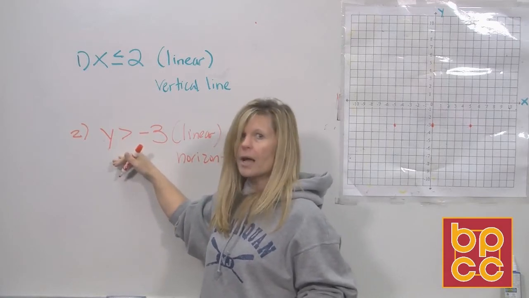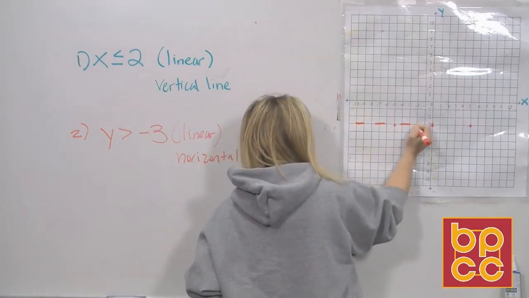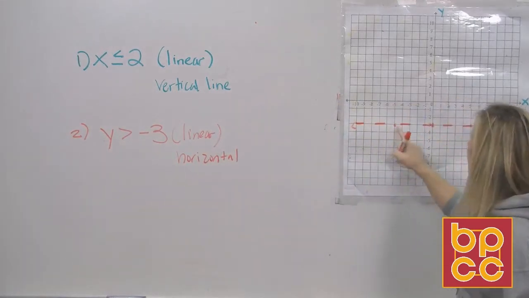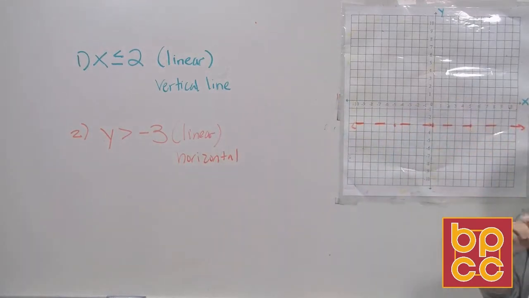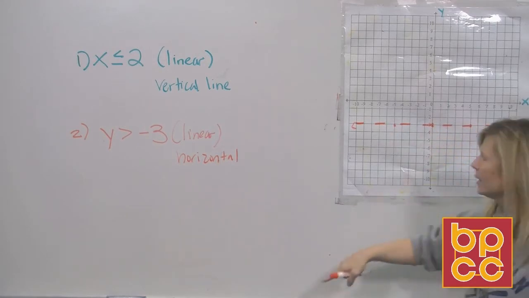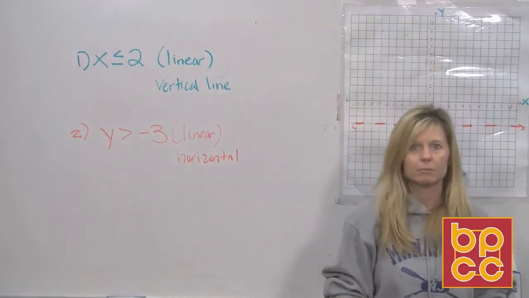We're going to put a broken line. So if you draw a line broken, you are telling me these 3 points I plotted are not part of the answer. Because these 3 points, the y value is -3, and -3 is not greater than -3.